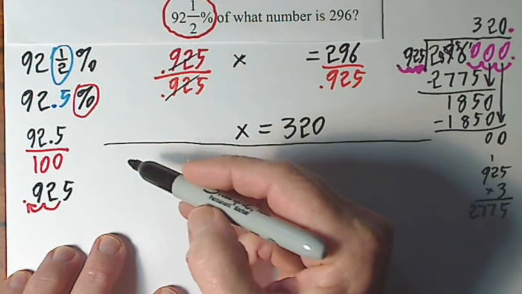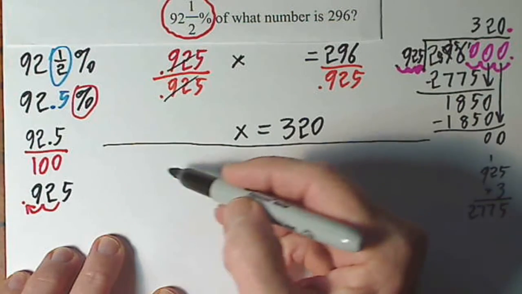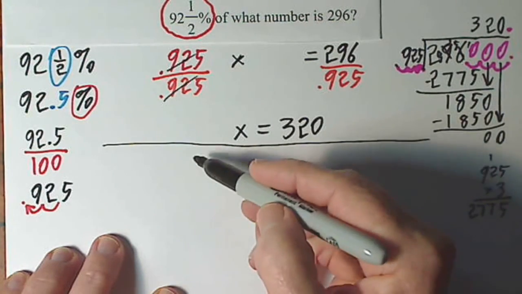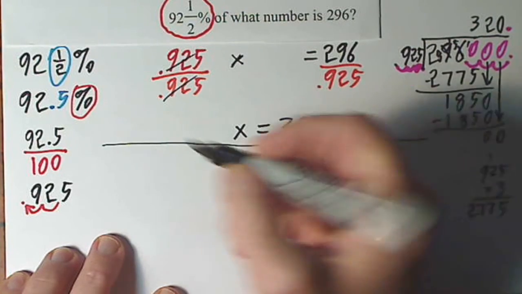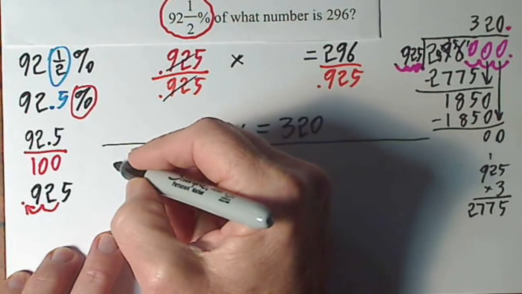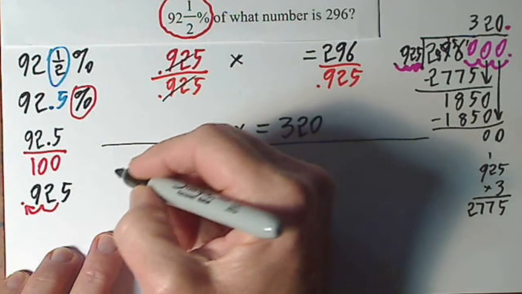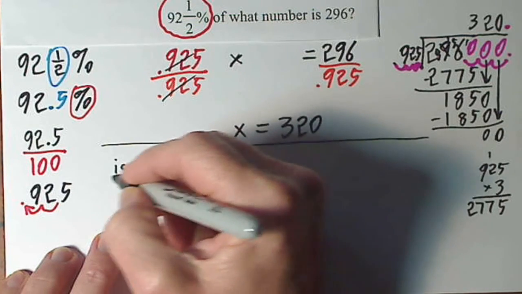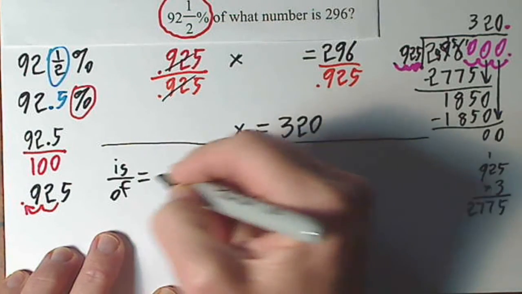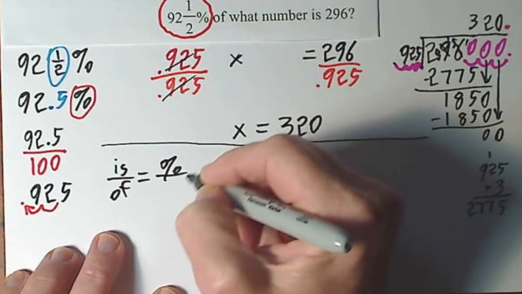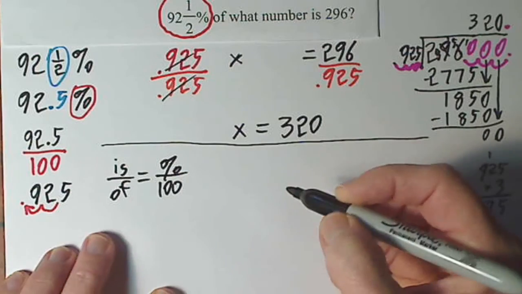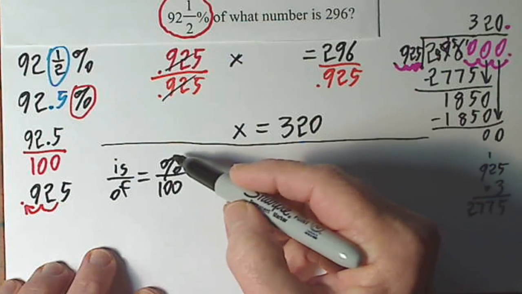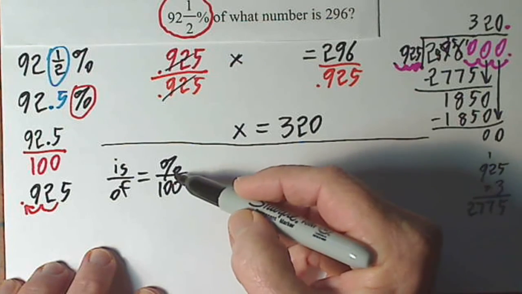Some people describe it as the amount over the base is equivalent to the percent over 100. I follow a somewhat mechanical pattern. Is over of equals whatever the percentage is over 100. Usually the percentage isn't very hard to put in.